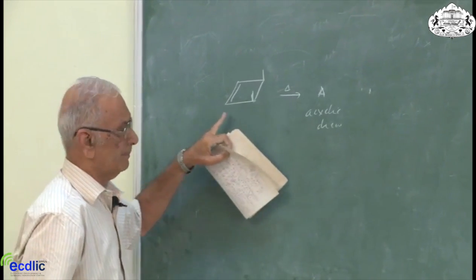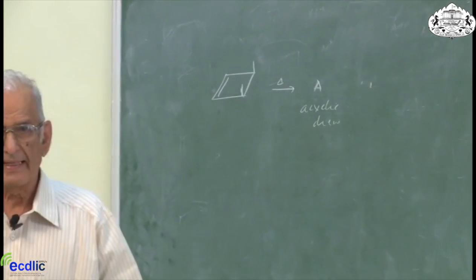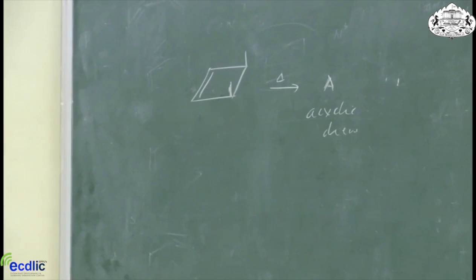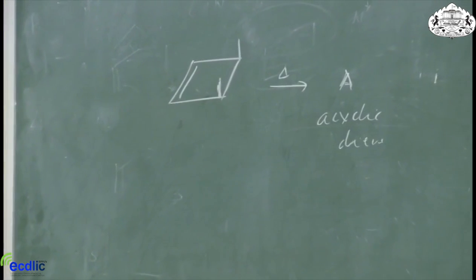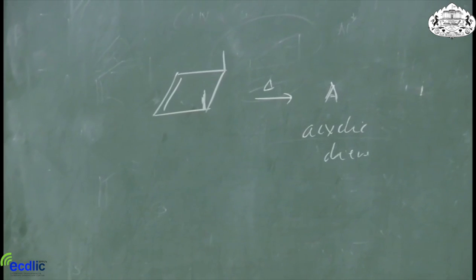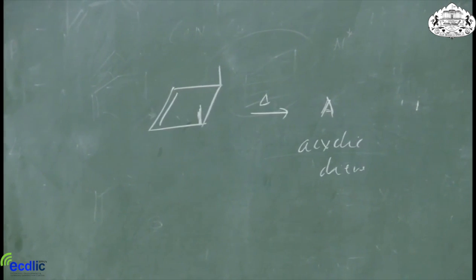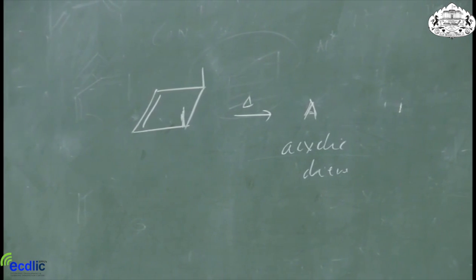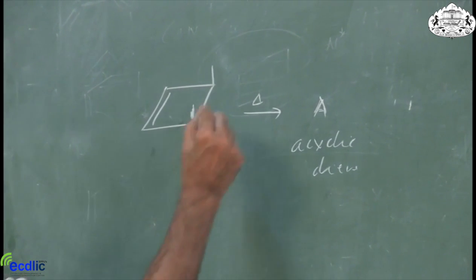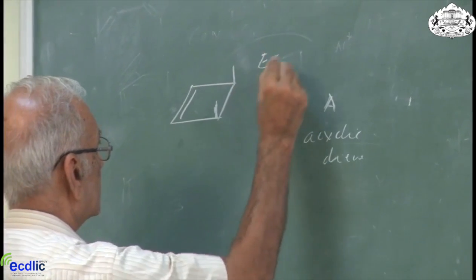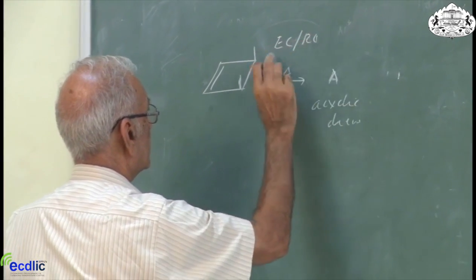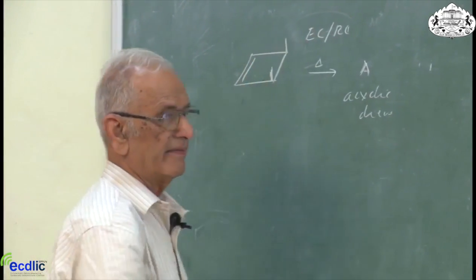What is our starting compound? Cyclic with one double bond. Our product is acyclic with two double bonds. So, you are going from one double bond to two double bonds. It is an electrocyclic ring opening reaction.